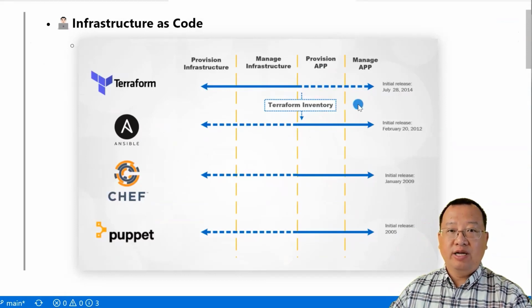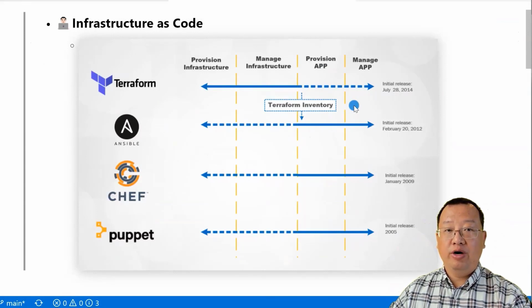To make them work together, we can use a Terraform plugin called Terraform Inventory. The Terraform state file can be converted into an Ansible inventory file, which can be used to configure and manage infrastructure resources with Ansible.